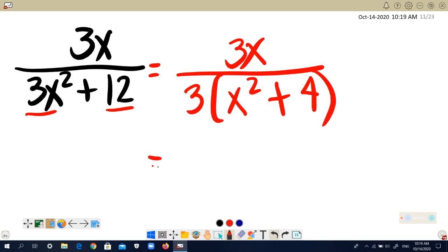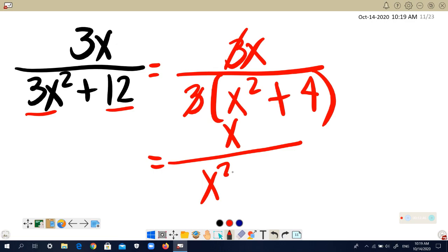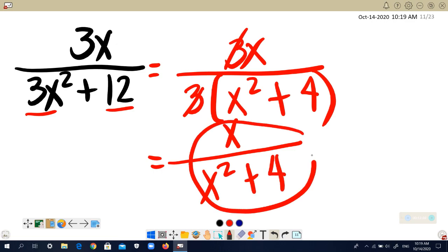Okay? So this time, you may cancel 3 because they are factors. So again, you have to take note that only factors are cancelled, not terms. So on the numerator, you are left with x, and on the denominator, you are left with x squared plus 4. So that's why you have x over x squared plus 4.